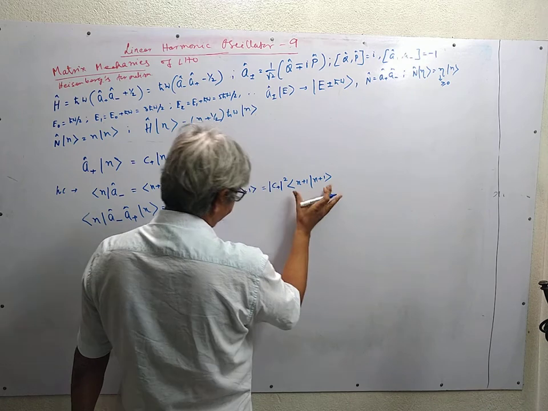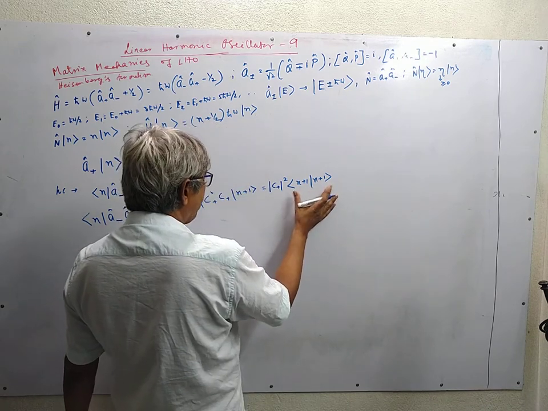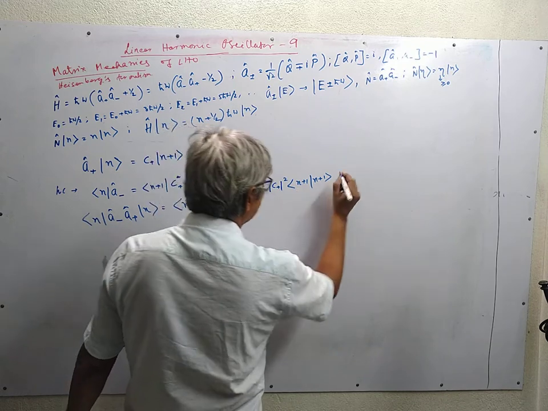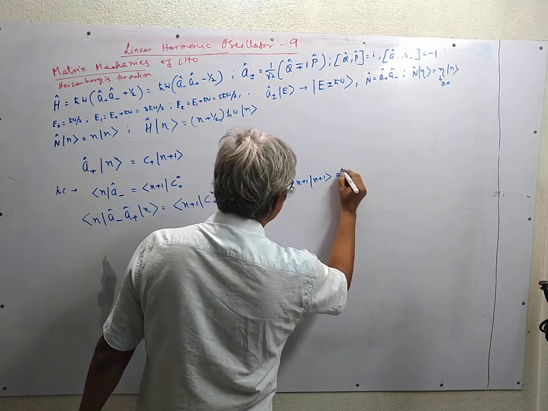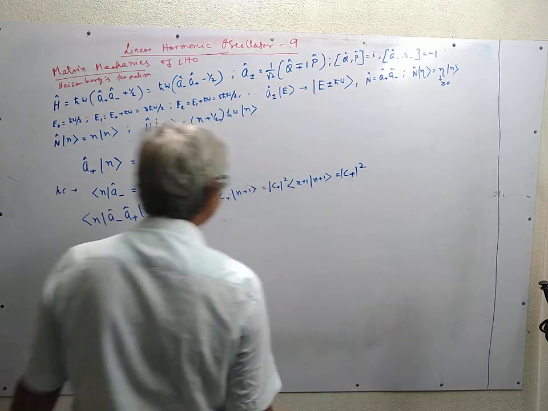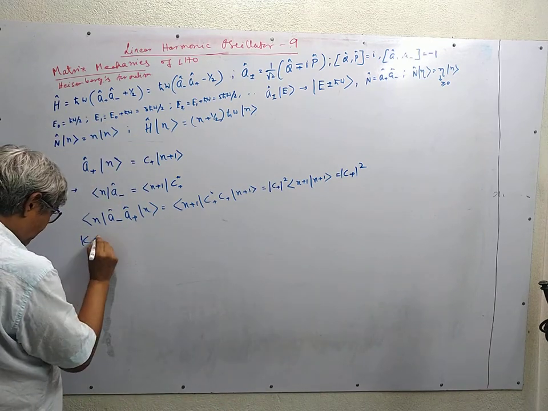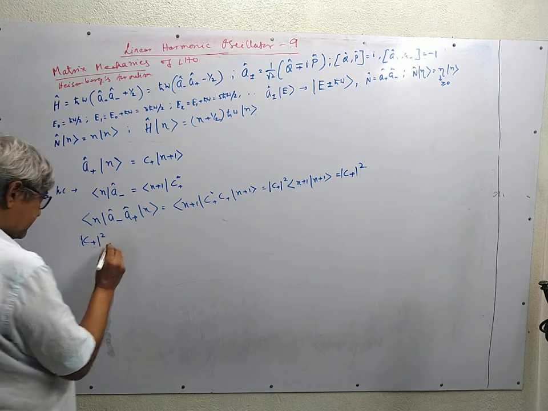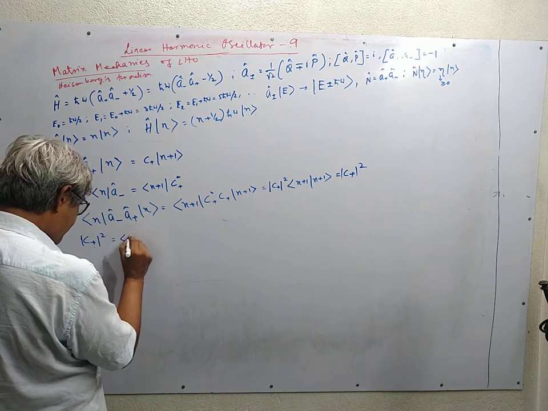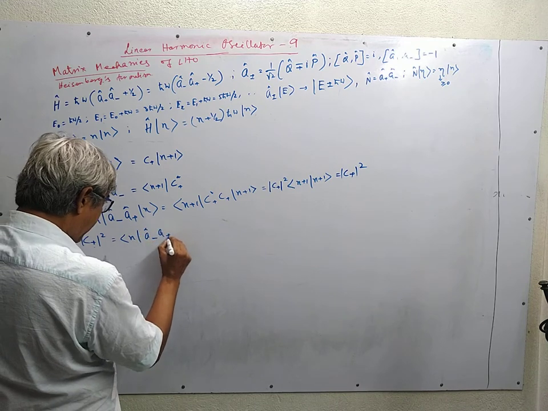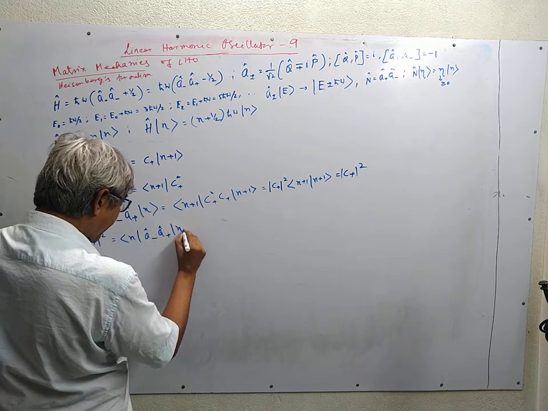This is the magnitude of the vector. If we assume it to be normalized, then this is just C plus modulus squared. In other words, C plus modulus squared is n A minus A plus n.